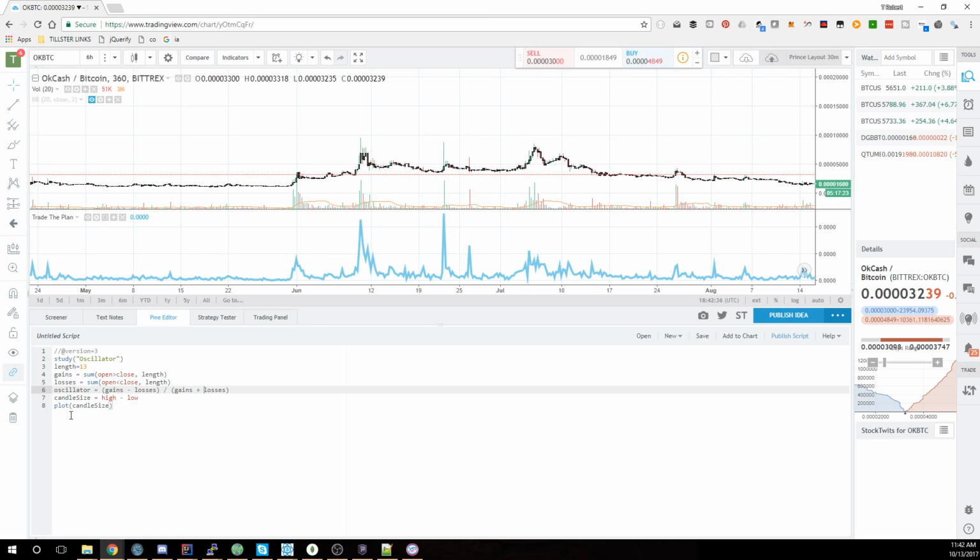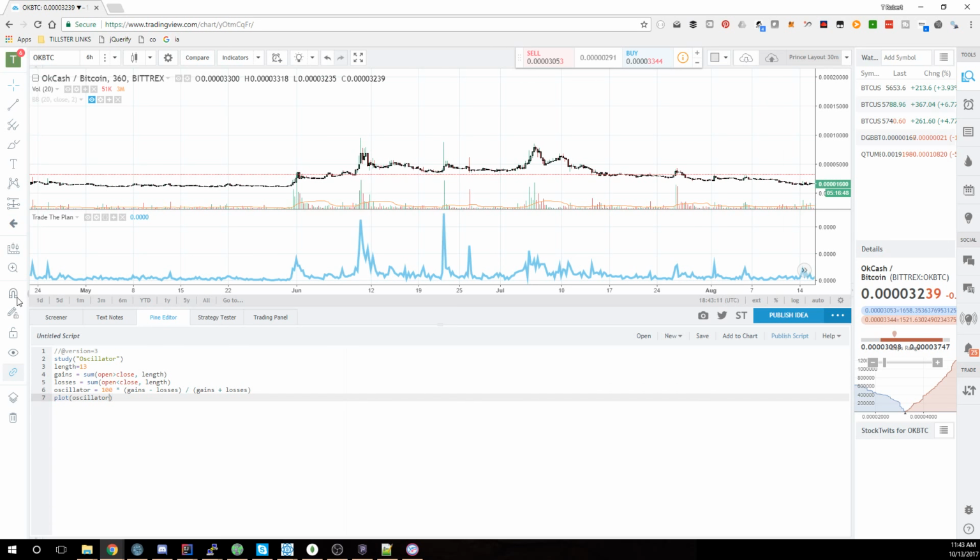Then we want to multiply that by 100 to give us a percentage. Finally, we want to show this. So we've computed the sum of our gains, sum of our losses, divided that by the total of the motion. Here's the total of the motion right here.